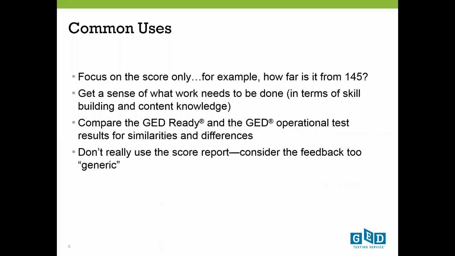Well, in the world we live in now, these score reports have invaluable information for you. But we still have people who want to focus on the score only. For example, because the cut score for passing is 145, we want to look at, well, is it 145 or higher, or did they just miss it?